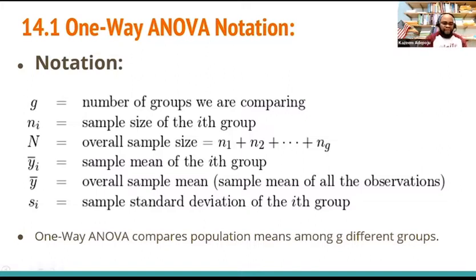I'm also going to have s_i. The s_i is the sample standard deviation of the ith group, which means in each group, I'm going to find a sample standard deviation, the same way I calculate the sample mean of the ith group. And of course, the one-way analysis of variance compares population means among G different groups. Take note of that.